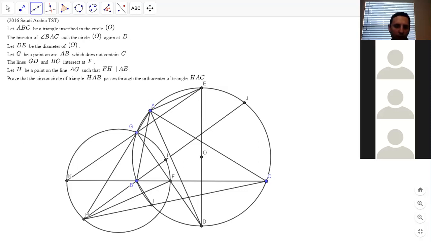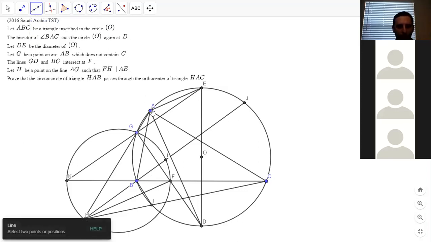So angle ABH, we could say it's ABG plus GBH. Is B the in-center? I wonder if we can somehow find an in-center. Yeah, because HF bisects this. So if AB meets HF at a point, that should be the in-center.